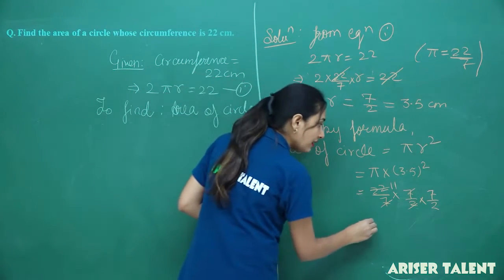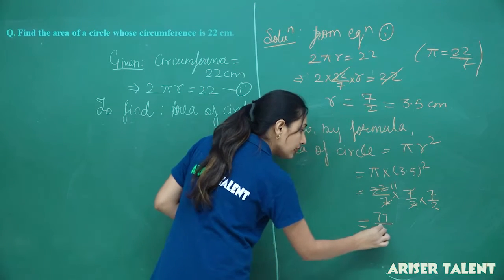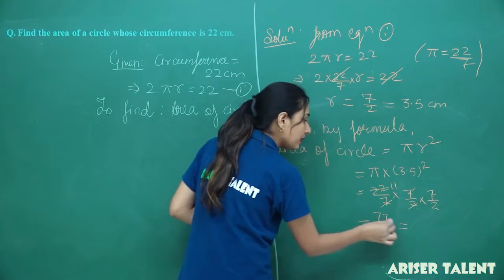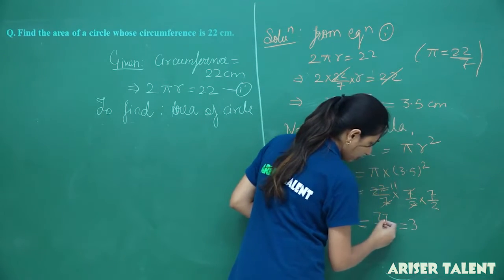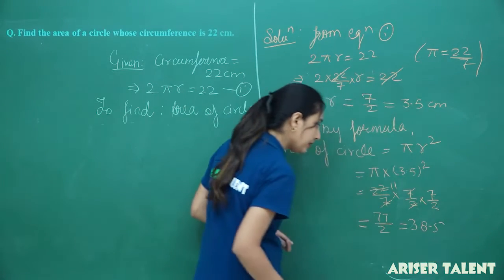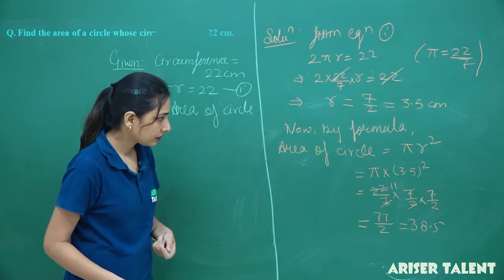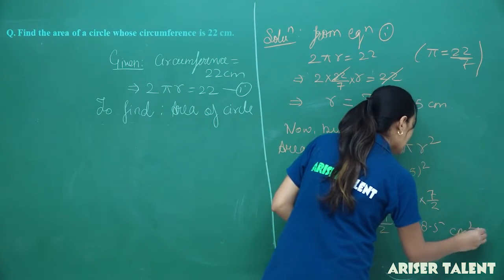So what are you left with? The 7 and this 11, that is 77, and the 2 will come here. So that will be 38.5. This will be your area in centimeter square.